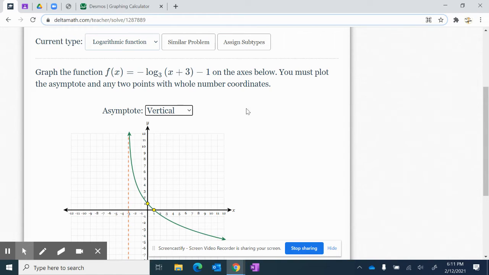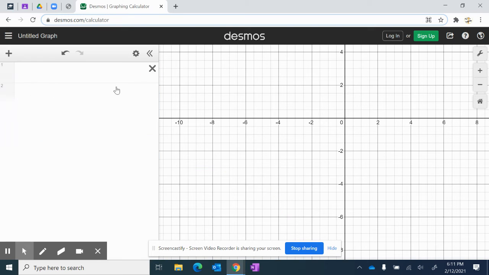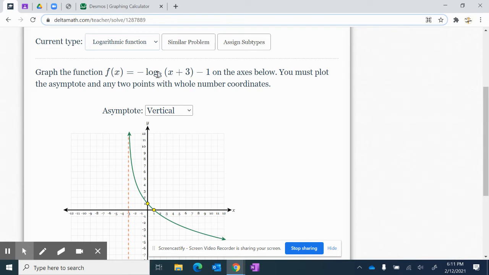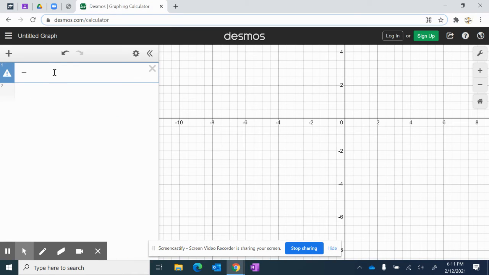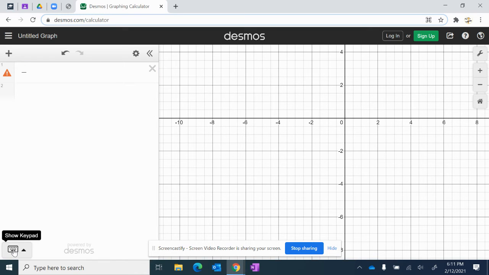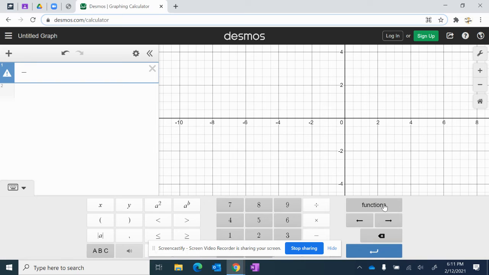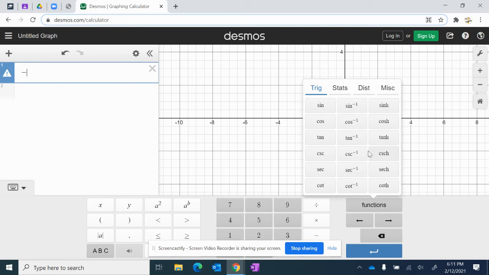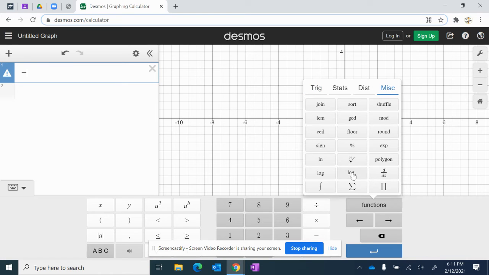And to get those 2 points again, I'm going to type this in on Desmos. Okay, so I'm going to go here. I don't need this one anymore. So negative, I already forgot it. Log base 3 of x plus 3. So when you're trying to do the log base 3, you have to click this keyboard down here and then click functions, and under miscellaneous, it's going to be this log base a.